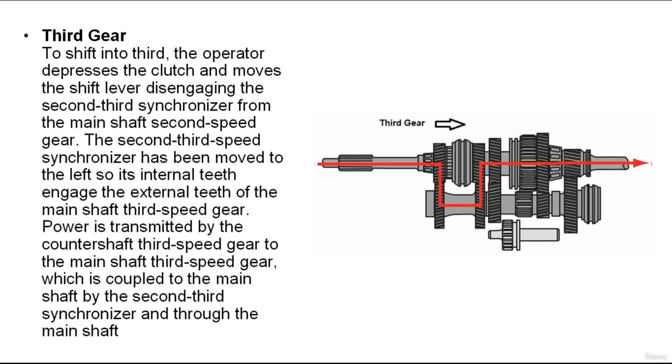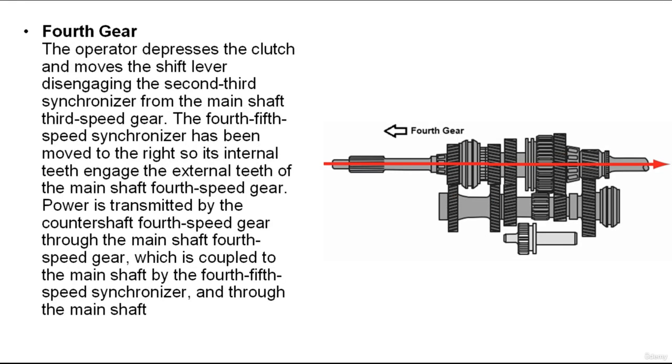And let's discuss right now the fourth gear. In fourth gear, the third-fourth synchronizer is moved to lock the clutch gear on the input shaft to the main shaft. This means power flows directly from the input shaft to the main shaft at a gear ratio of 1:1.